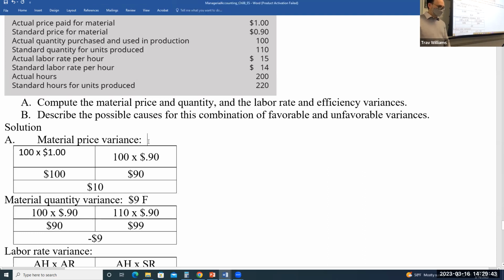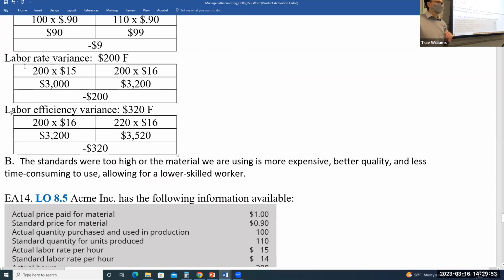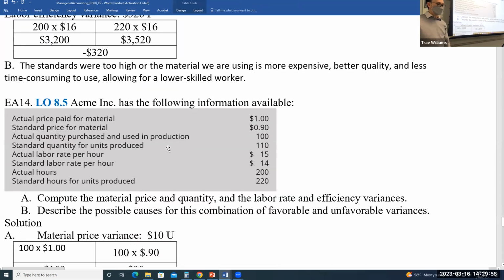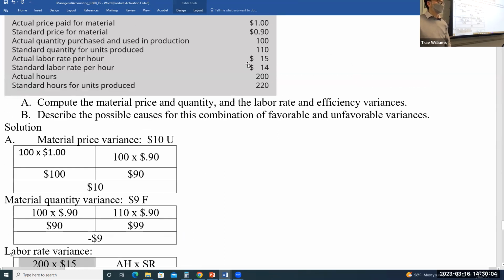But it looks like that worked. Okay, so that part's exactly the same. The labor is going to start out the same because the actual rate is the same, but then we're going to have to do a modification here because the standard labor rate is $14.